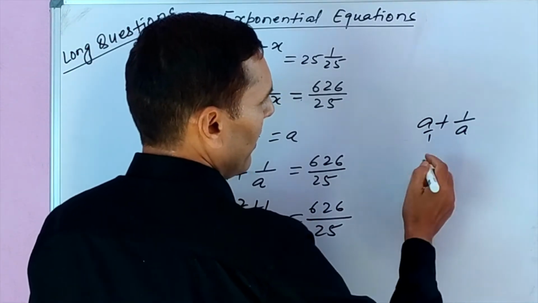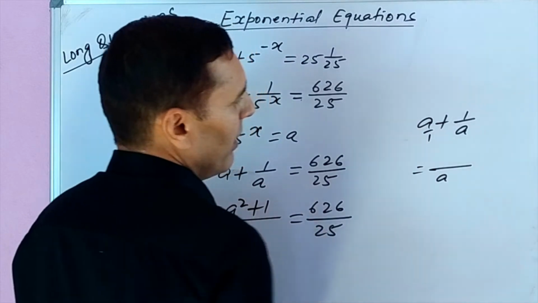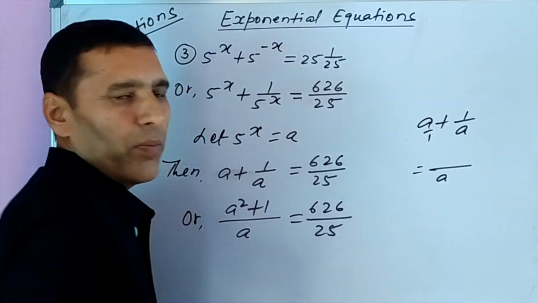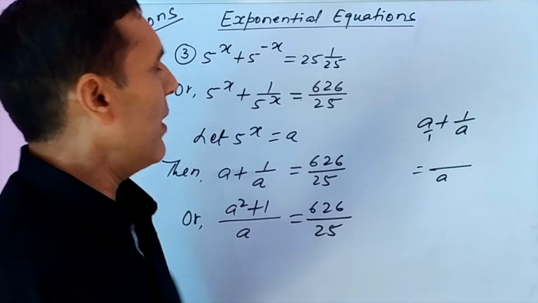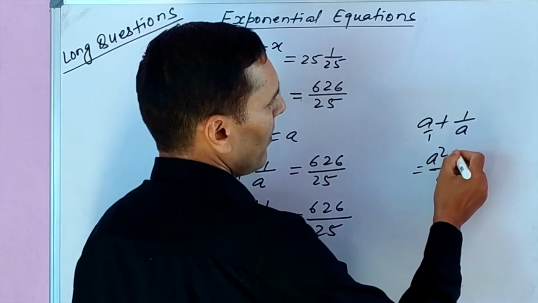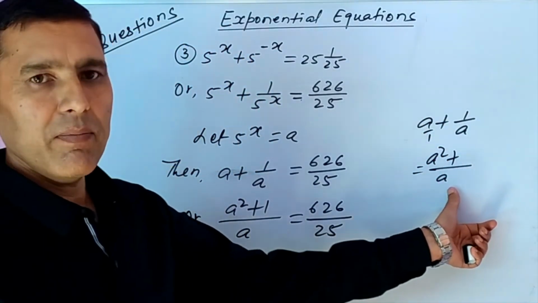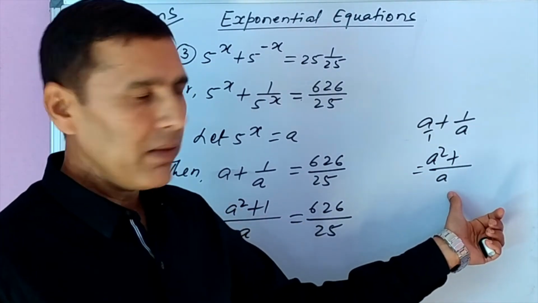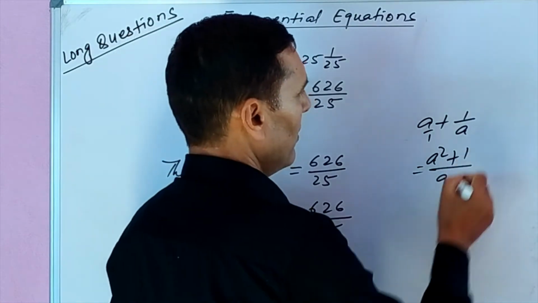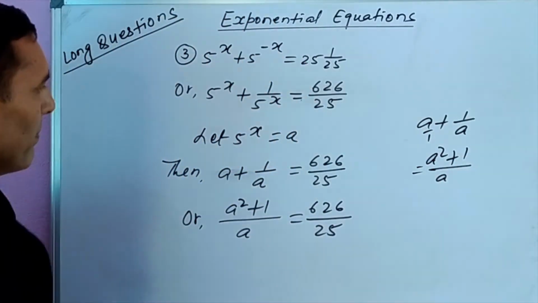The LCM of 1 and a is a. When a is divided by the denominator of the first term 1, a into a is a square, and again this LCM a is divided by the denominator a, a divided by a is 1, 1 into 1 is 1. So a square plus 1 upon a.